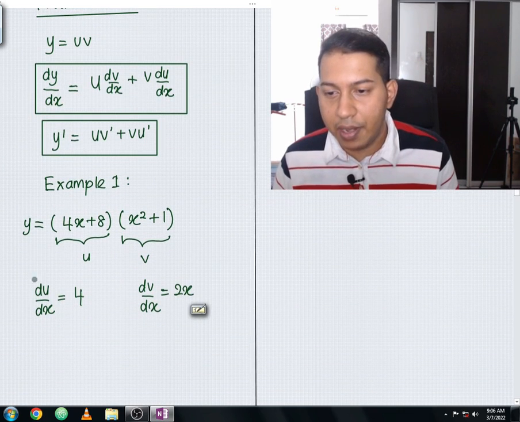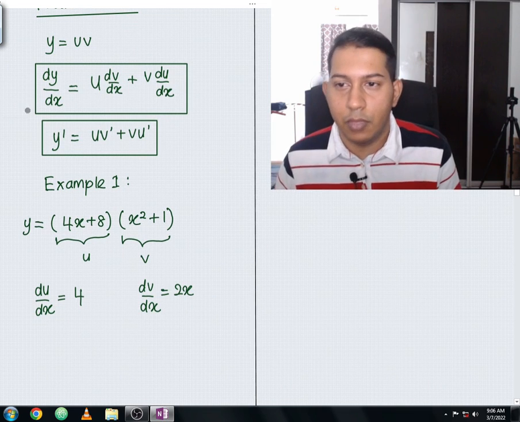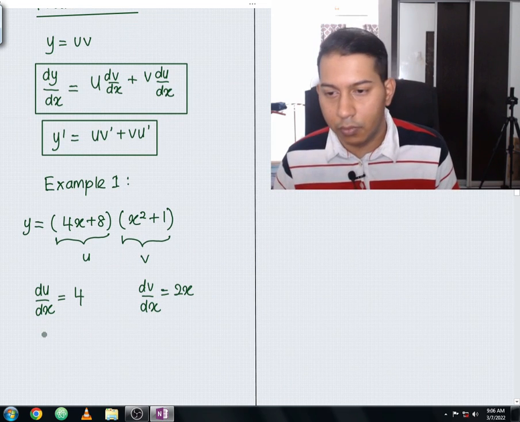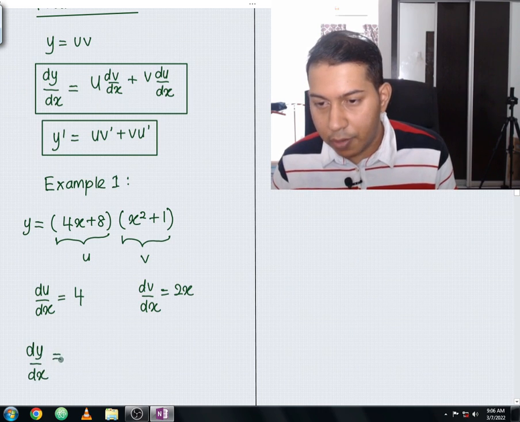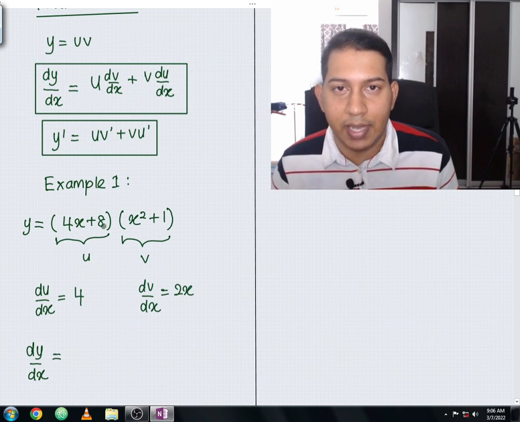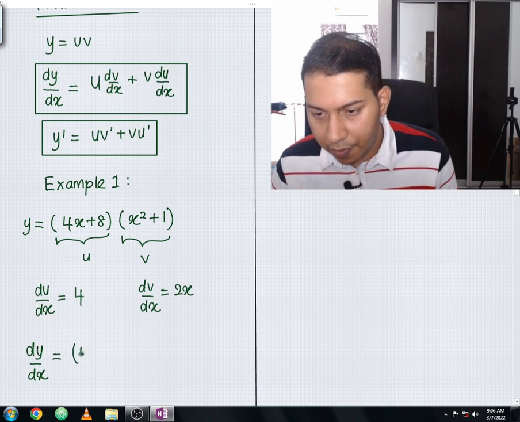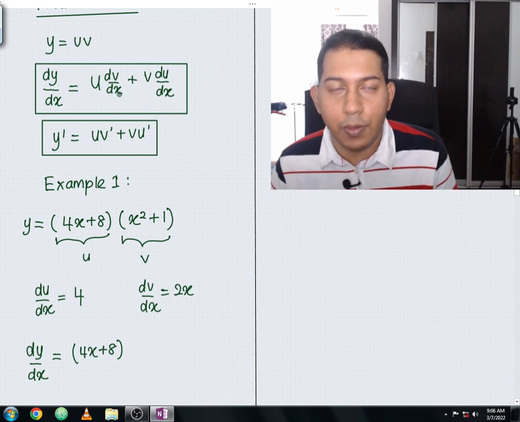Once you identify the du over dx and dv over dx, the next step, you just straight away apply this formula. To find your dy over dx, you start with the term u. The term u in this case is 4x plus 8, so you write here 4x plus 8, and then times with dv over dx, the differentiation of v.